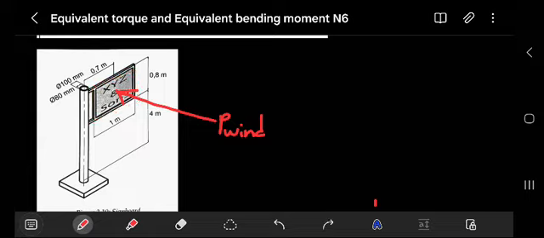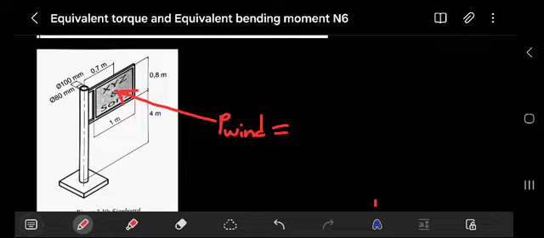So how do we find the force? We know that pressure is equal to force over area.